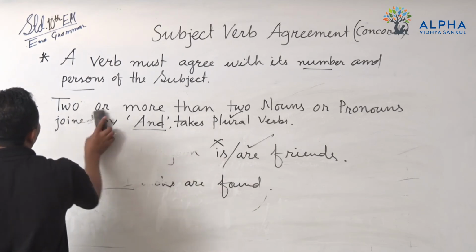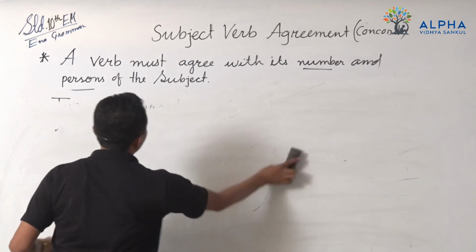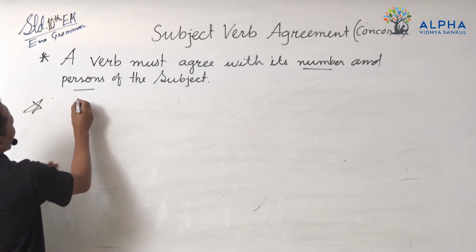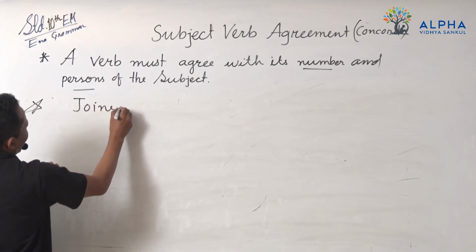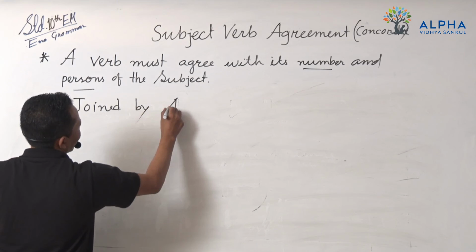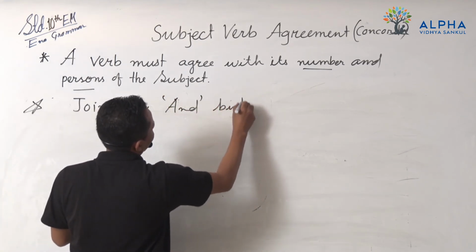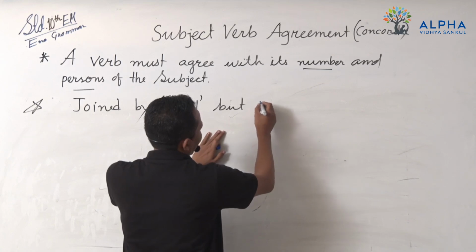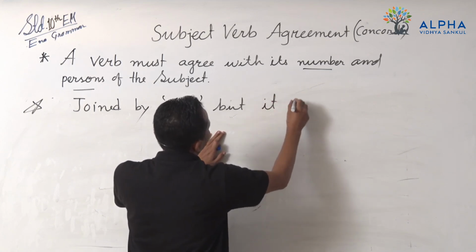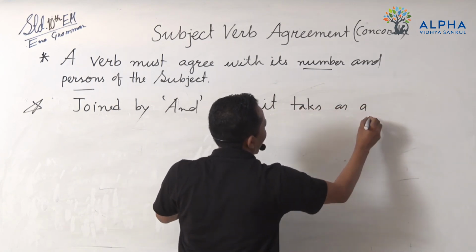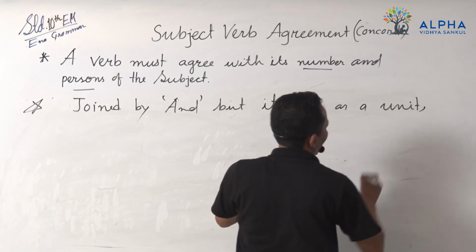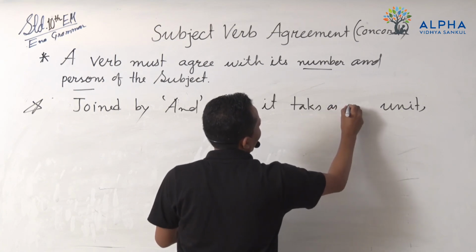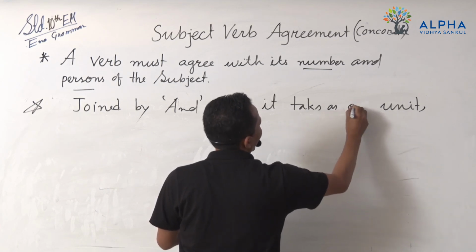But students, there is another rule. If it is joined by and, but it takes it as one unit. The rule is that the exception is: joined by and, but it takes as a unit, as one unit.